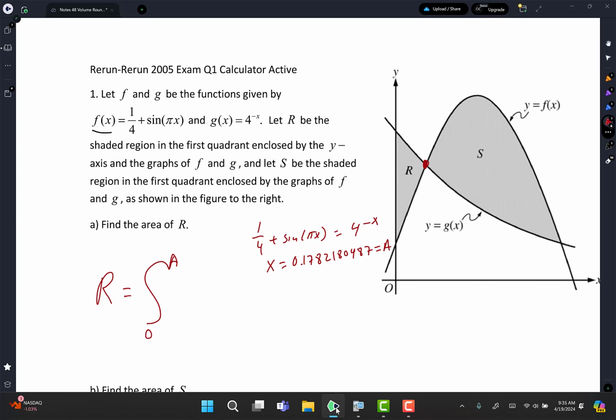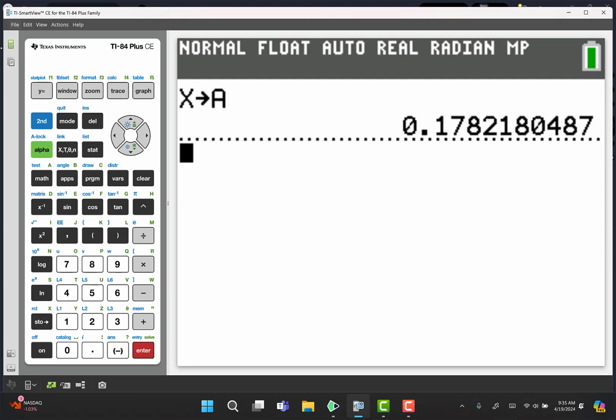Cool? All right, and then what curve is on top for the region R? So I put G of X minus what curve is on bottom? F of X. You don't have to close it, but there it is, dx, and you just give me now the answer. So I'm going to go to my calculator, and hopefully I did everything correctly.